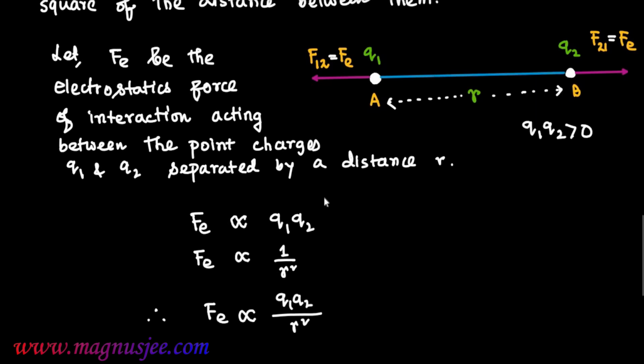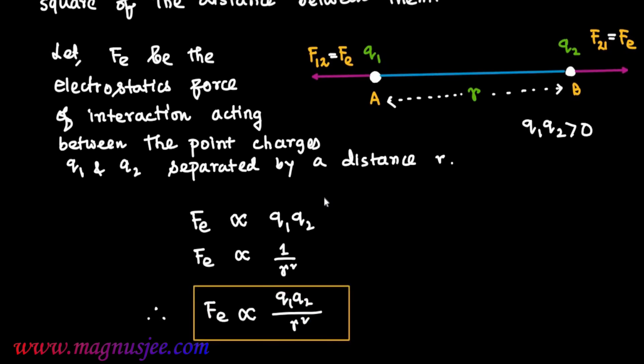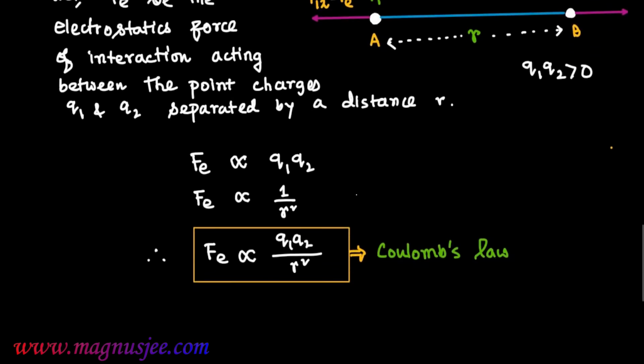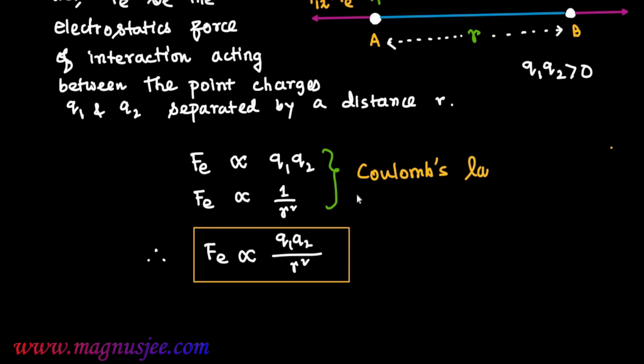That is Coulomb's law. Actually, the last two relations are known as Coulomb's law: Fe proportional to Q1 Q2 and Fe proportional to 1 by R square.